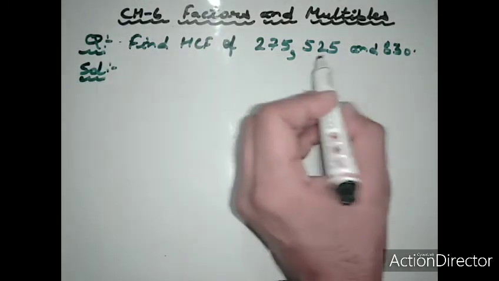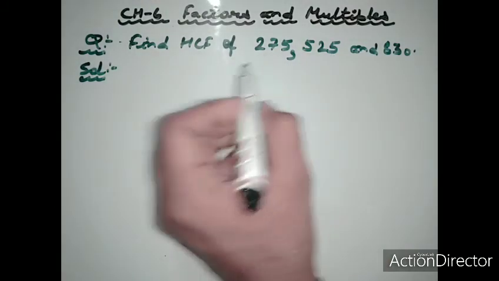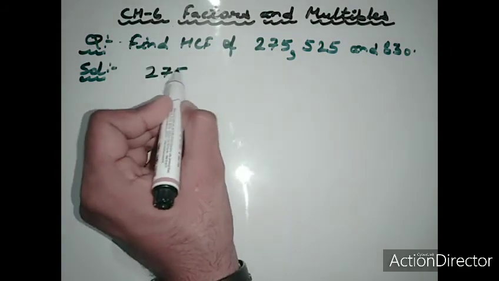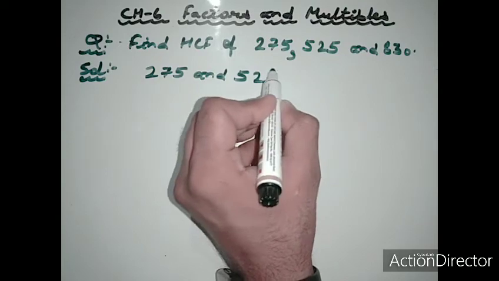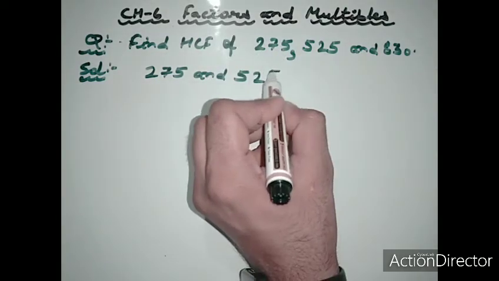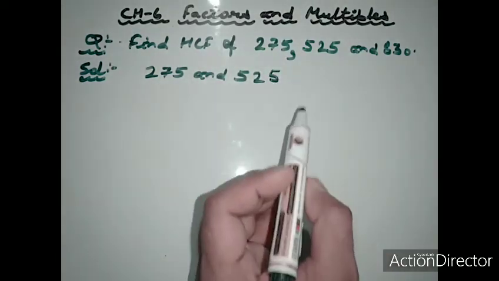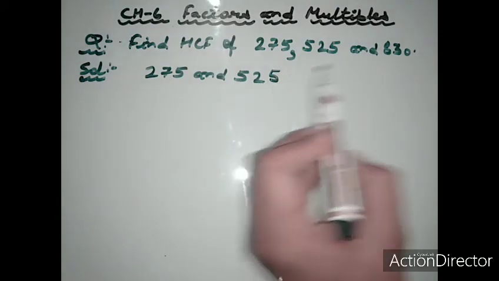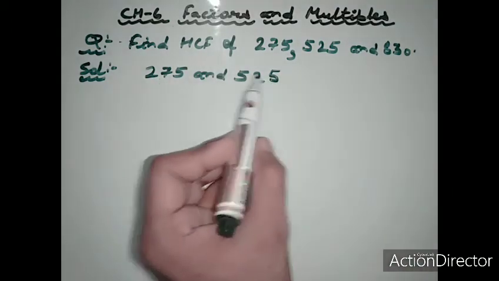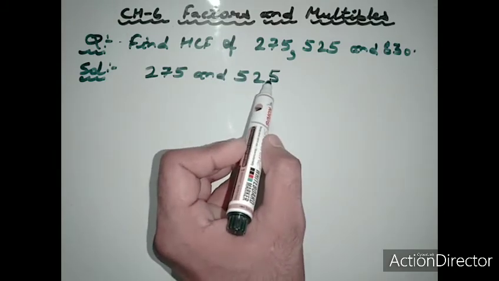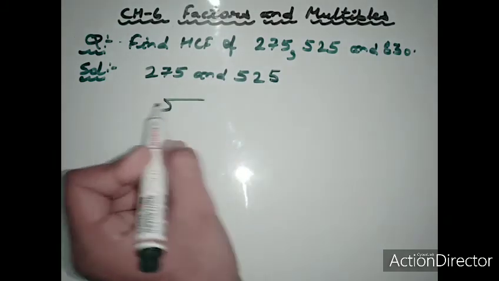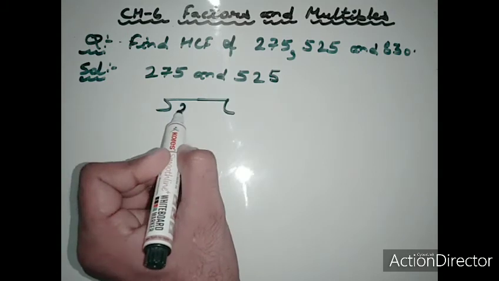So, dear students, first we take these two numbers, 275 and 525. First we find the HCF of these two numbers. After that we take the HCF of these two numbers and work with the third number. Here we check which number is greater, 525, so we take 525 as the dividend.